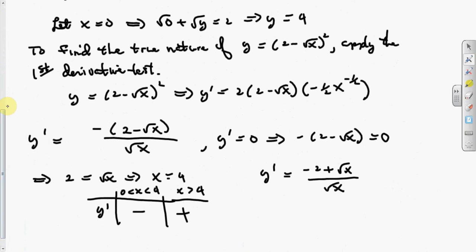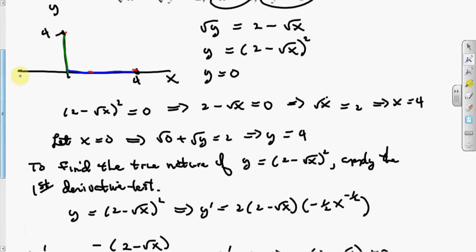So basically, you get a minimum at x equal to 4. So all I want to know is that it's doing this, and it's not doing that.